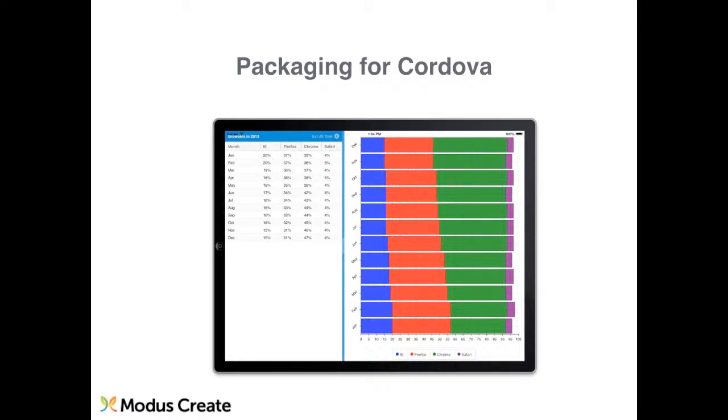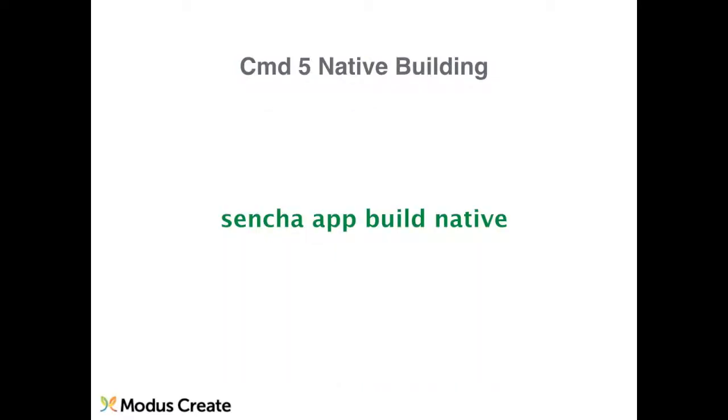Your Ext JS app will work beautifully when wrapped in Cordova. As a matter of fact, you can use Sencha Cmd 5 for native building. Those of you familiar with Sencha Touch 2 native building can use the very same sencha app build native to build for any of the platforms supported by Cordova.